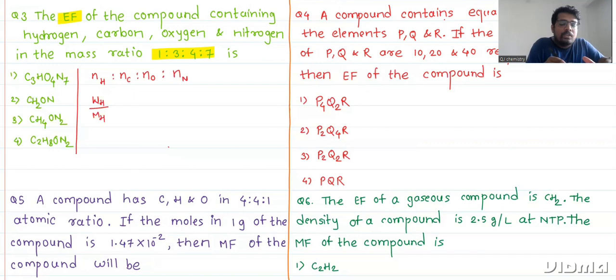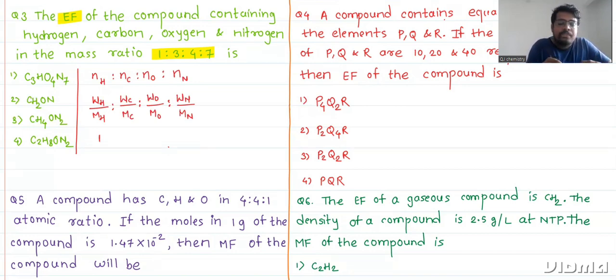Here also, weight of carbon divided by its atomic weight, weight of oxygen divided by its atomic weight, is to weight of nitrogen divided by its atomic weight. The weight ratio is given to us: 1 is to 3 is to 4 is to 7.